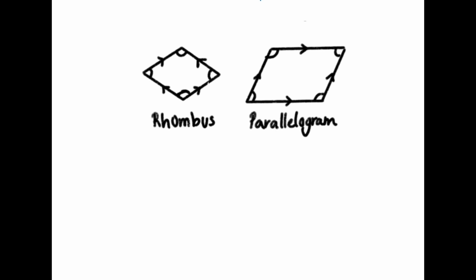The first is a rhombus. Rhombuses are also known as diamonds. And then on the right, we have a parallelogram. What do you notice about these two shapes? If you notice that they don't have the right angles like the square and the rectangle, you're correct. On a rhombus, though, just like a square, all 4 sides are equal. Whereas with the parallelogram, only opposite sides are equal.